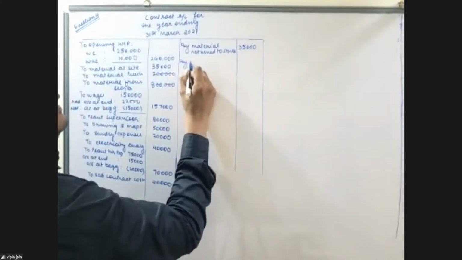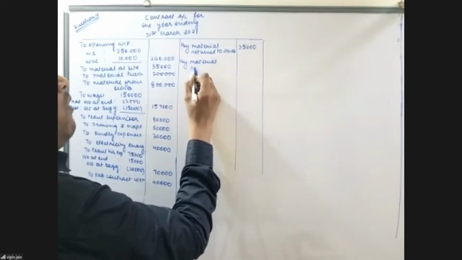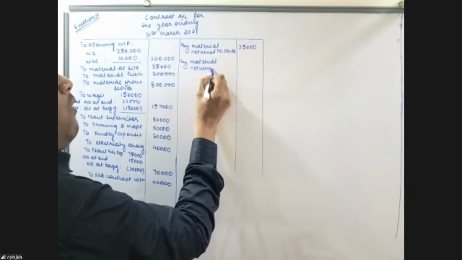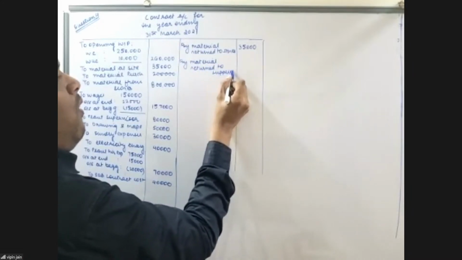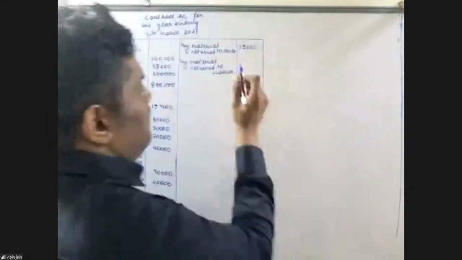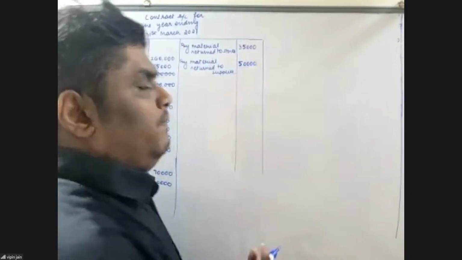And by material returned to supplier is 50,000. Further, material at site is 25,000.